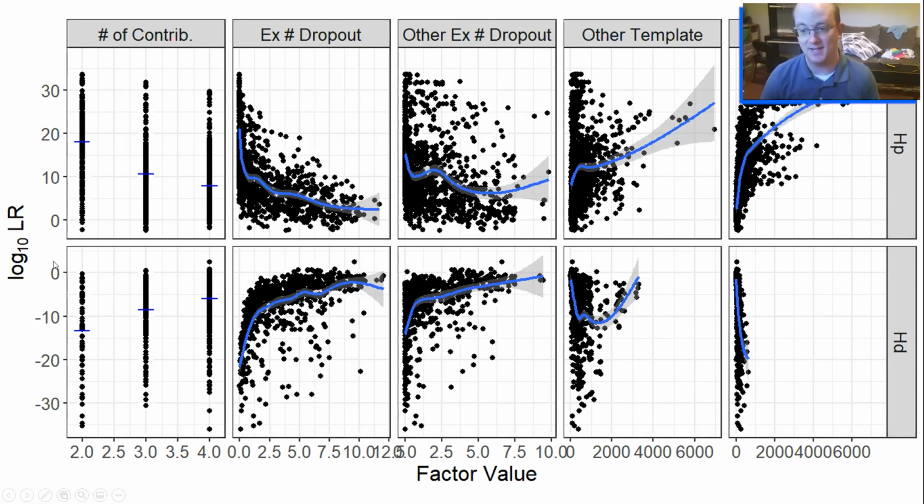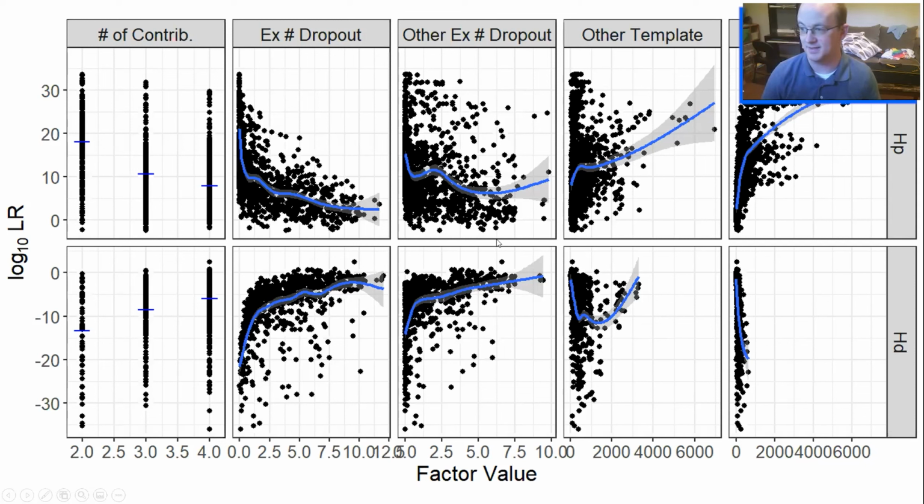If we do a sanity check, each of these factors is behaving the way you would expect. The log LRs tend to get closer to 0 as you add more contributors into the mixture. As the expected number of dropouts increases, so you get worse and worse quality or less and less template, a combination of those two, you also tend to get log LR values closer to 0.